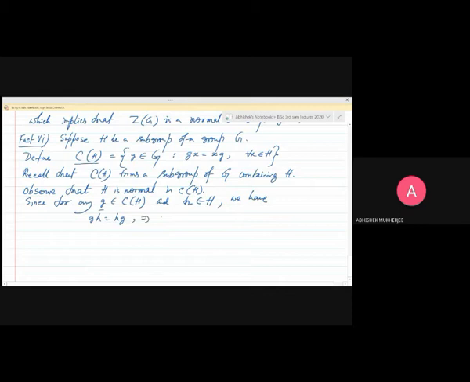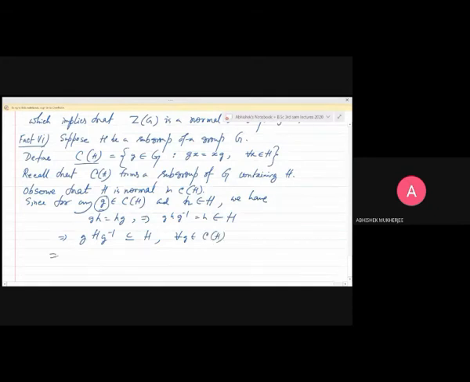That means ghg inverse equals h, which is in H. And this is true for all g belongs to C(H), right? So that means gHg inverse is a subset of H for all g belongs to C(H).